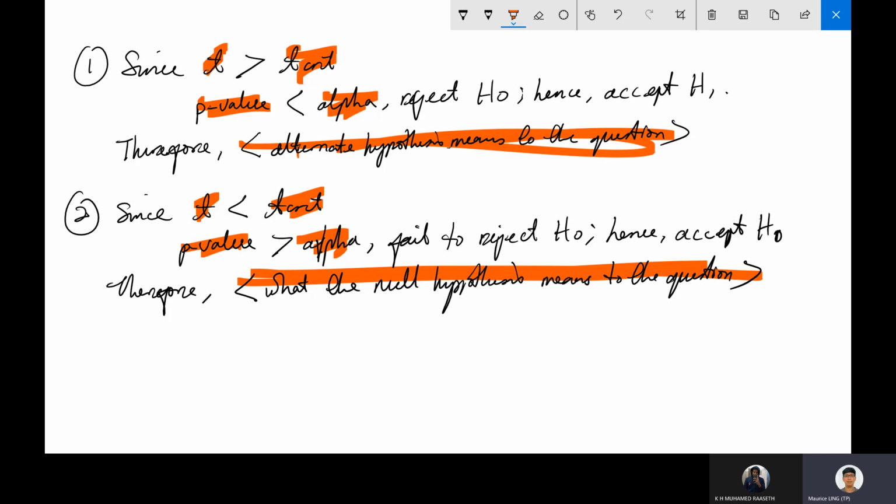If you accept the null, don't care about alternate. The moment you accept null hypothesis and then you continue saying alternate hypothesis, you're going to get it wrong. Once you fail to reject null hypothesis, accept null hypothesis, don't even talk about alternate hypothesis. You are going to get it wrong.